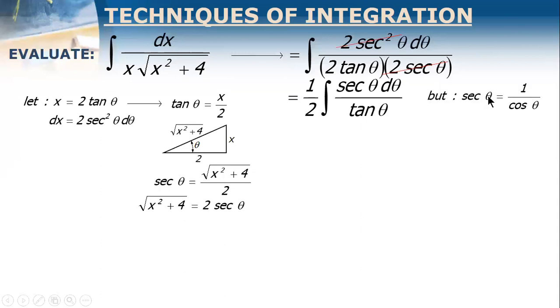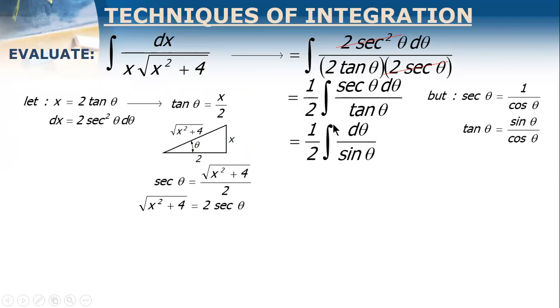And then we have this identity: secant theta is 1 over cosine, the reciprocal identity, while tangent is sine over cosine. So if you divide secant over tangent, cosine theta will be cancelled out. So what remains is 1 over sine theta. So 1/2 d theta over sine theta.